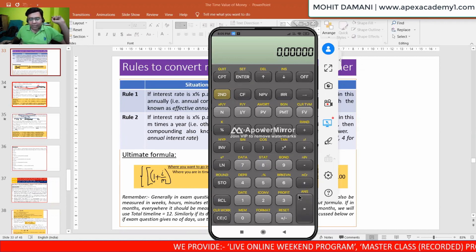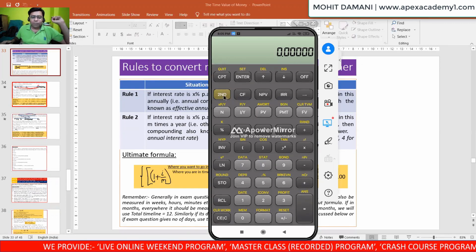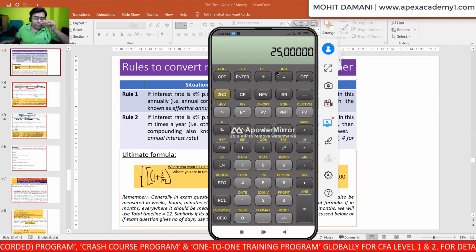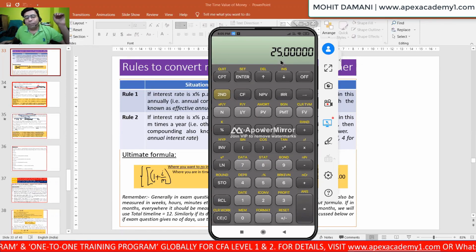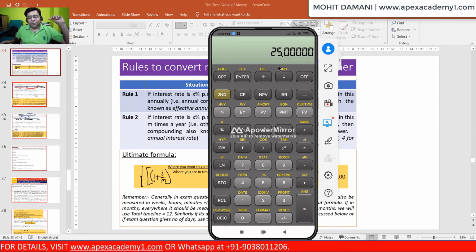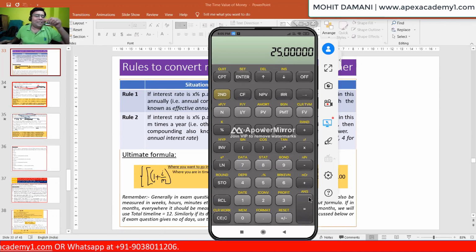You can recall that using the answer function. Press second and press equal to. See, you get 25, the last number that was on our calculator screen. This gets recalled. This is a savior in case you are running short of time in the exam and you have mistakenly pressed C by C or removed the answer from your calculator.